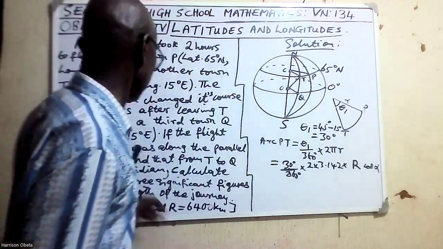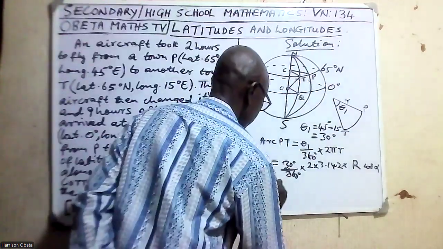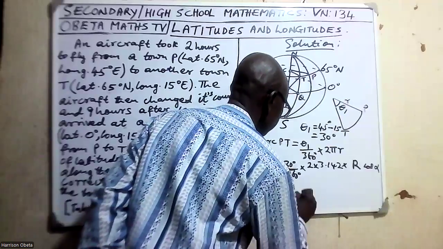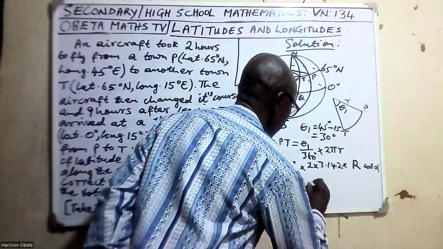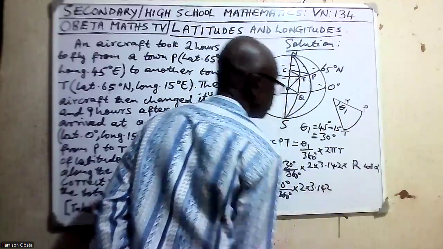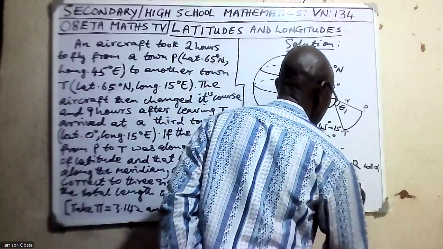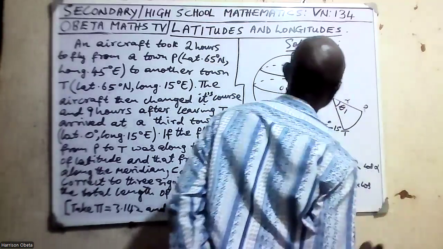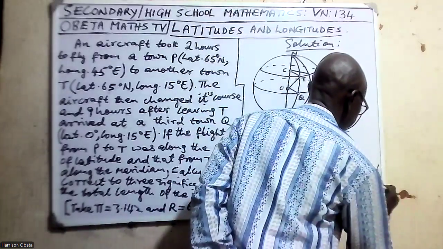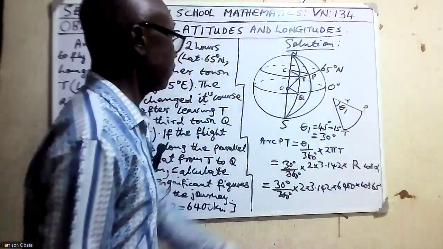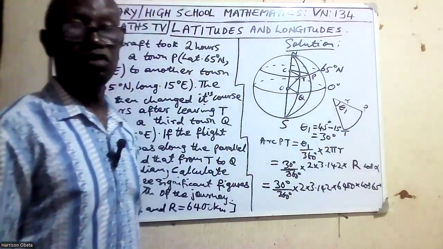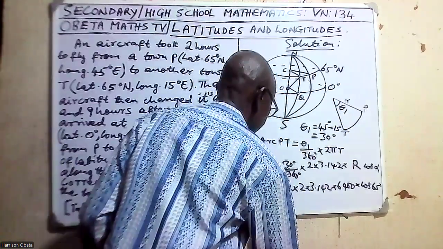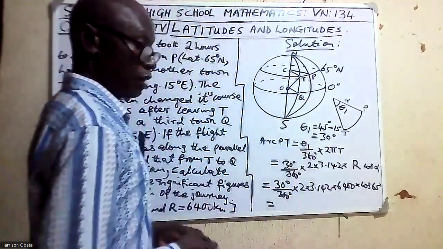But r is 6,400, we already know. So this will give us 30 degrees over 360 multiplied by 2 multiplied by 3.142 multiplied by 6,400 times cos 65, because that is our alpha. The alpha there is always the latitude. And then we multiply out.